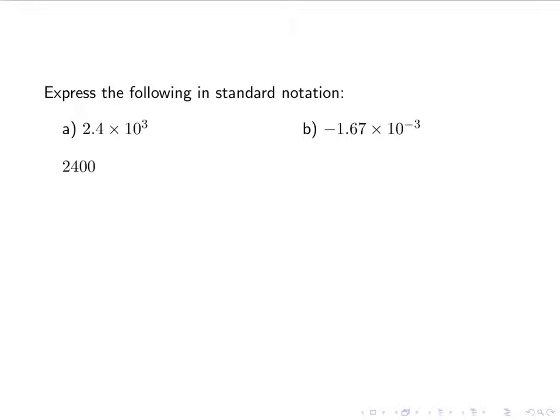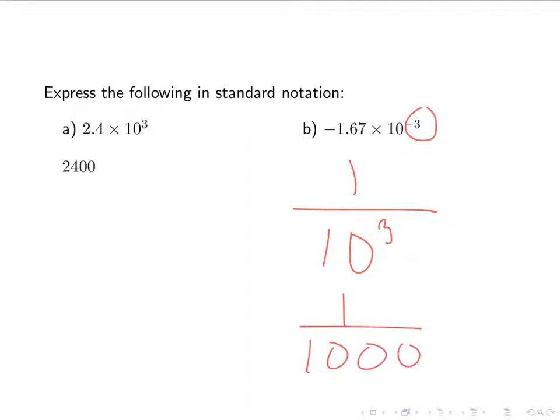If I have a number raised to a negative exponent, so negative 1.67 times 10 to the negative 3. Remember, negative means 1 over. So 10 to the negative 3 is 1 over 10 cubed, which is 1 over 1,000. So when I take a number like negative 1.67 and I divide it by 1,000, again, I'm moving the decimal, but now I'm making the number smaller.